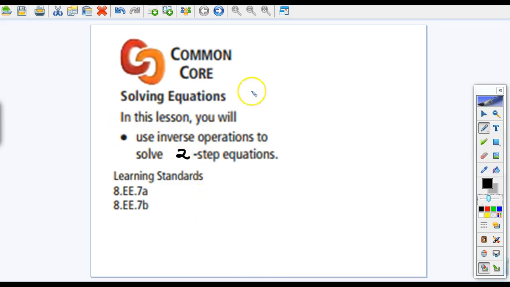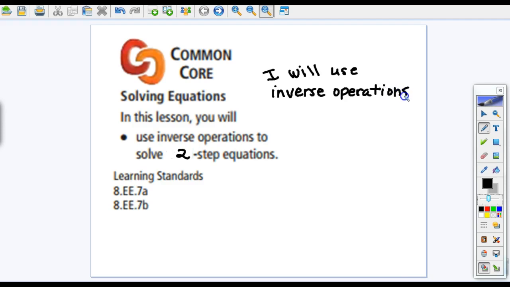So your objective is, you should be writing your objective down. Use inverse operations to solve two-step equations.